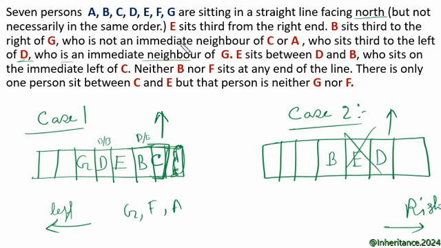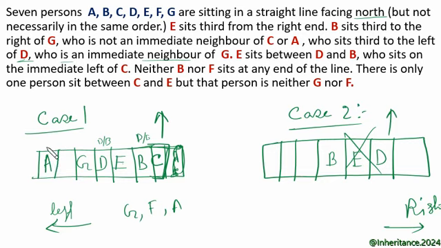G, who is not an immediate neighbor of C or A. So we know C is already placed. So A is left. Now can A sit here? No, because A is not an immediate neighbor of G. So A has to be there.